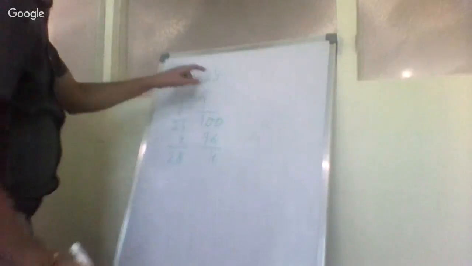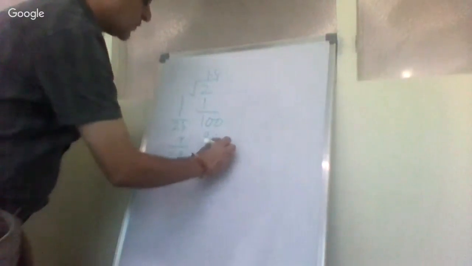So 4 we got, decimal point we have. So 2 zeros will put over here. What will be the next step?